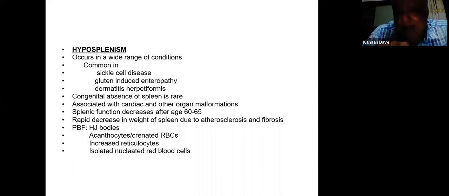The hyposplenism that we see, I mentioned some disorders affecting the gastrointestinal tract, like Crohn's disease and Whipple's disease. Those have an autoimmune basis, and for unknown reasons, they affect the spleen and cause hyposplenism. So that could be a relationship between SLE and hyposplenism, or autoimmune diseases and hyposplenism in those particular conditions.